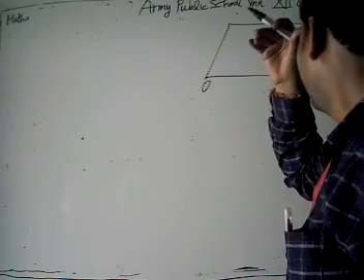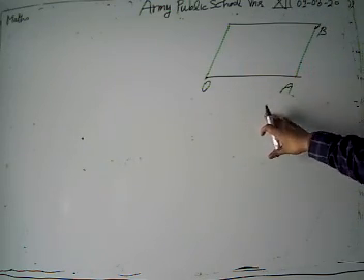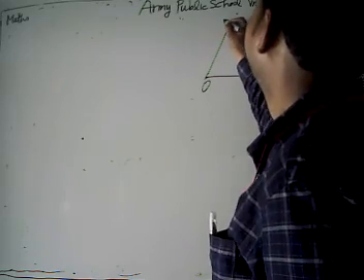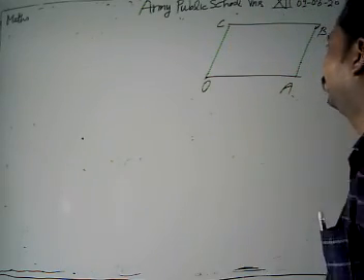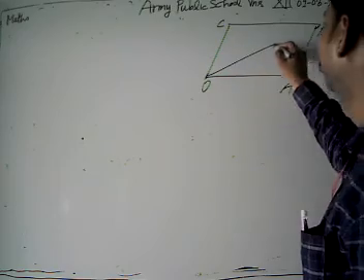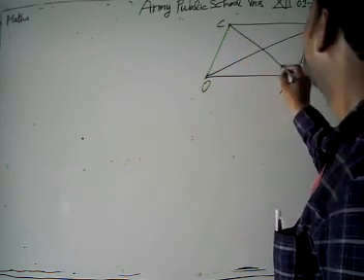We take the parallelogram OABC. Now we have to show that, given the diagonals of the parallelogram are equal, what are the diagonals? OB and AC.